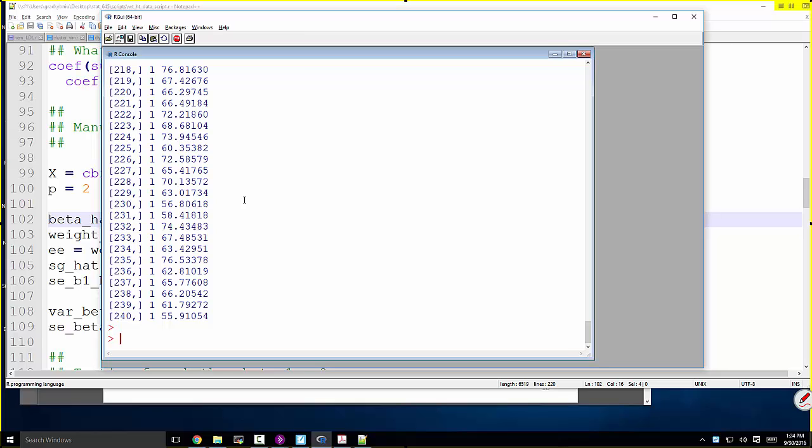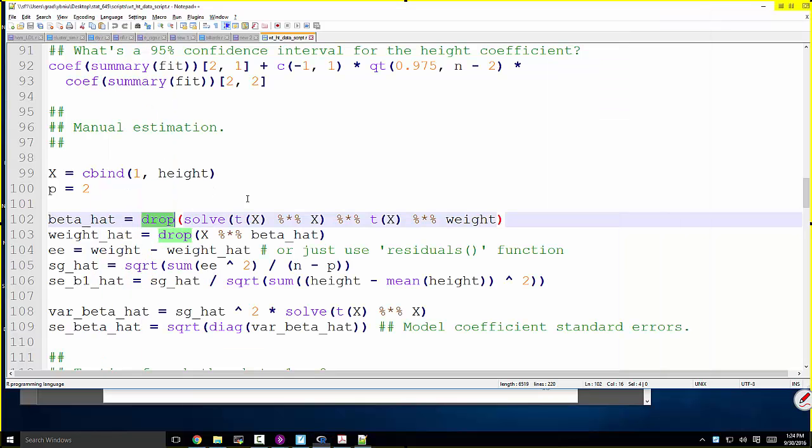So if you're trying to pull out individual rows or columns of a data frame, you can run into challenges if you try to use them to do matrix operations. I don't think it matters in this case, but I have the drop in there from a previous semester.